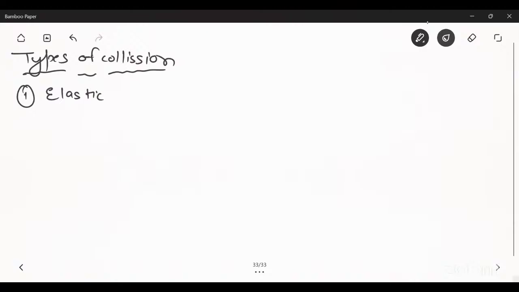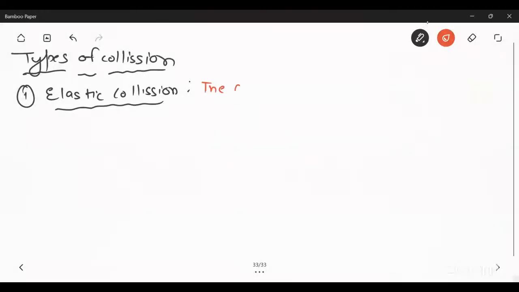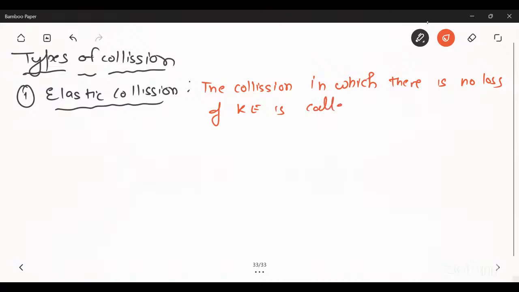The collision in which there is no loss of kinetic energy is called elastic collision. When there is no loss of kinetic energy, that collision is known as the elastic collision.